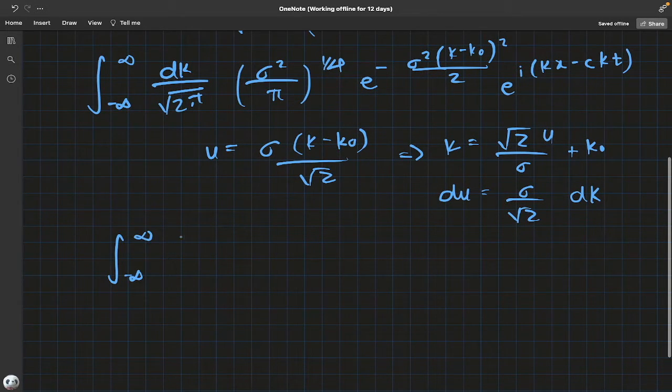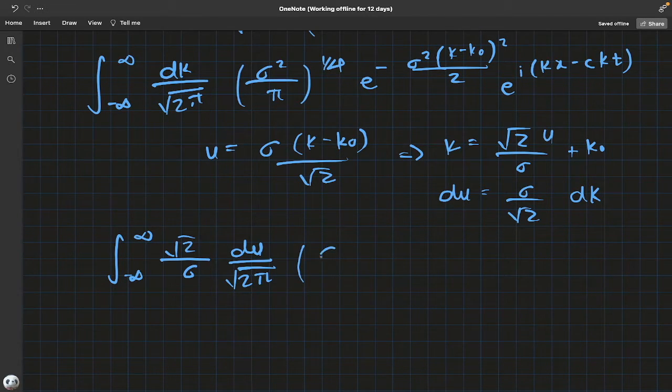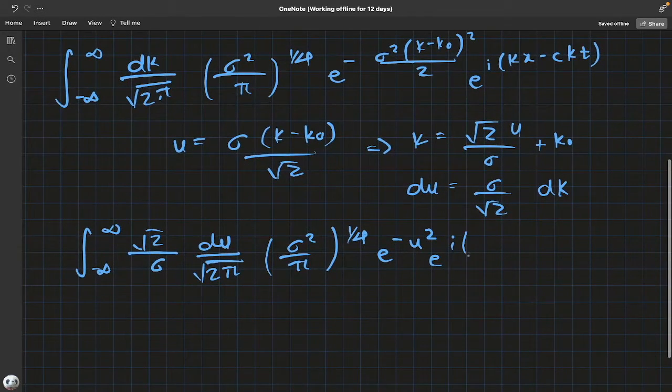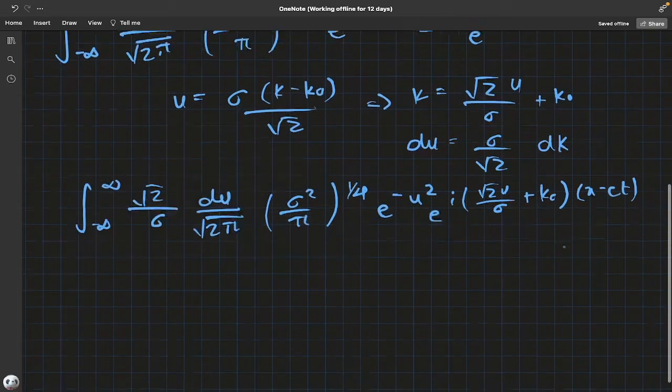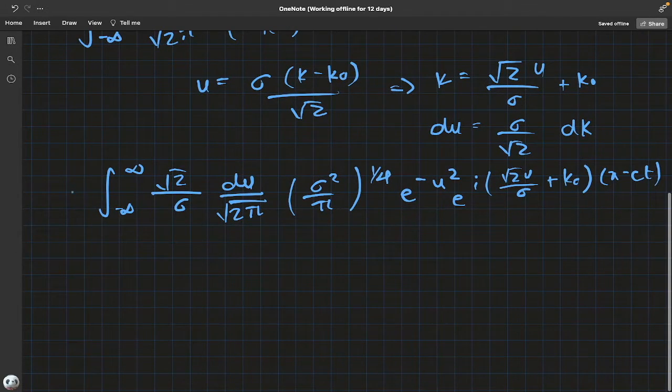So the integral from minus infinity to infinity, square root 2 over sigma du, over root 2 pi, sigma squared over pi to the 1/4, e to the negative u squared, e to the i. I'm just going beast mode on this integral. This is just substitution and algebra at this point.